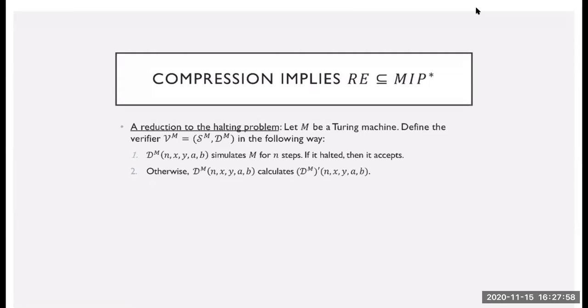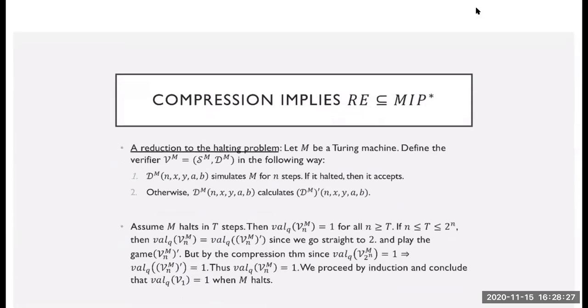So as we discussed a bit last time, it's like saying something like simulate M with n steps, and then simulate M with 2 to the n steps, and then simulate M with 2 to the 2 to the n steps, and so on. But in a way that is bounded in time, and since we have a uniform lambda here, actually there is a fixed point to this iteration, and everything works.